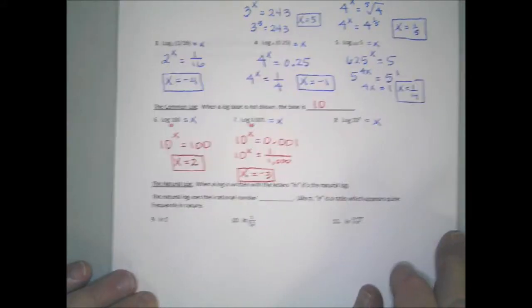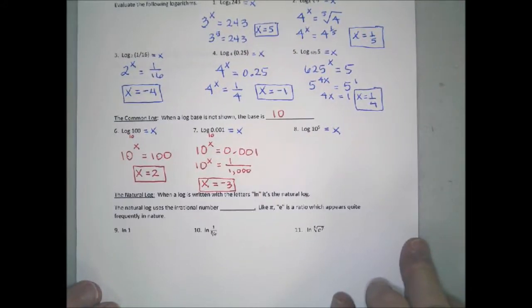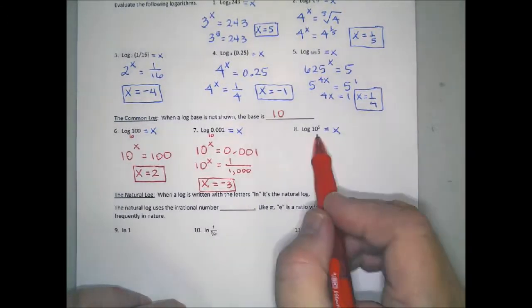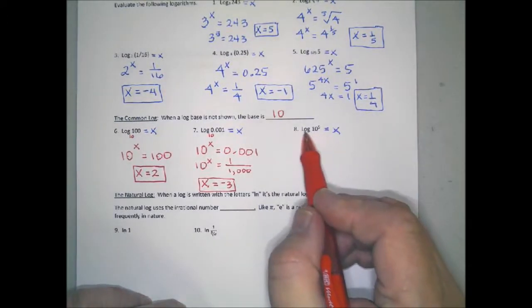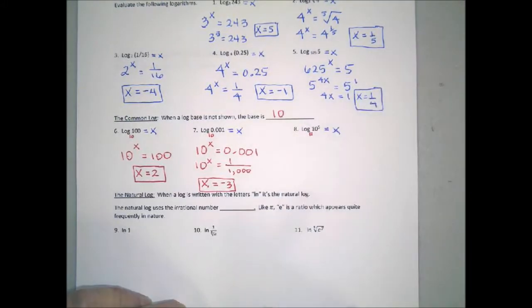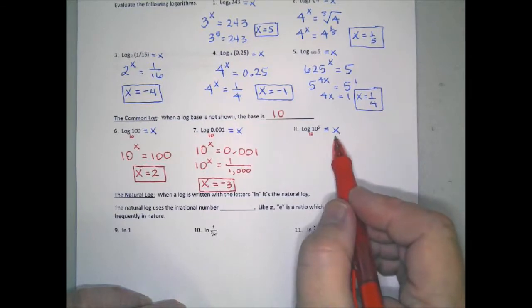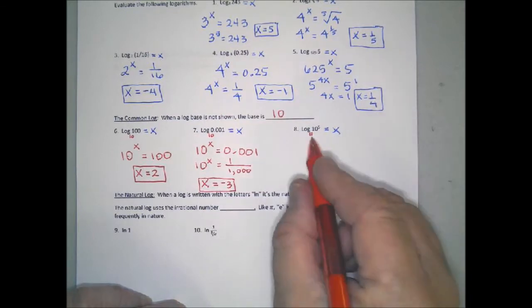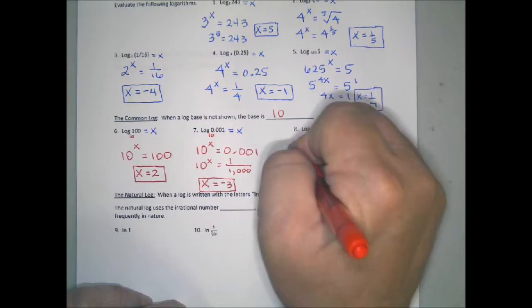Okay, the last problem in this little set is, again, log, there's no number down there, so we're going to make it a 10, equals x. We're going to go out of log and into exponential form, so the little 10 is going to grow up.